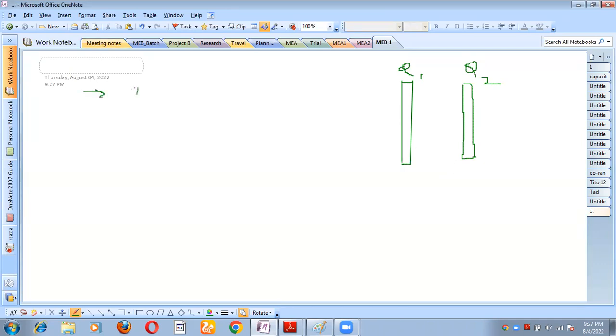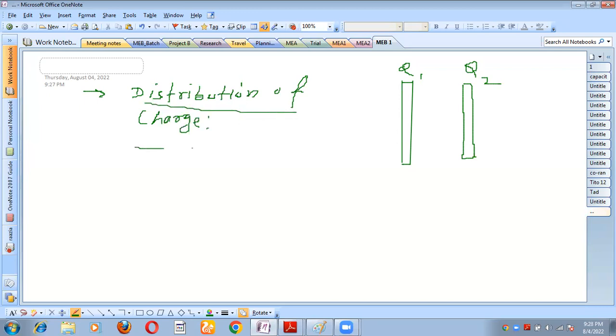This is actually distribution of charge between plates. When two plates are placed close to each other, how is charge distributed? If charge on the first plate is Q1 and charge on the second plate is Q2, charges will redistribute themselves like this.